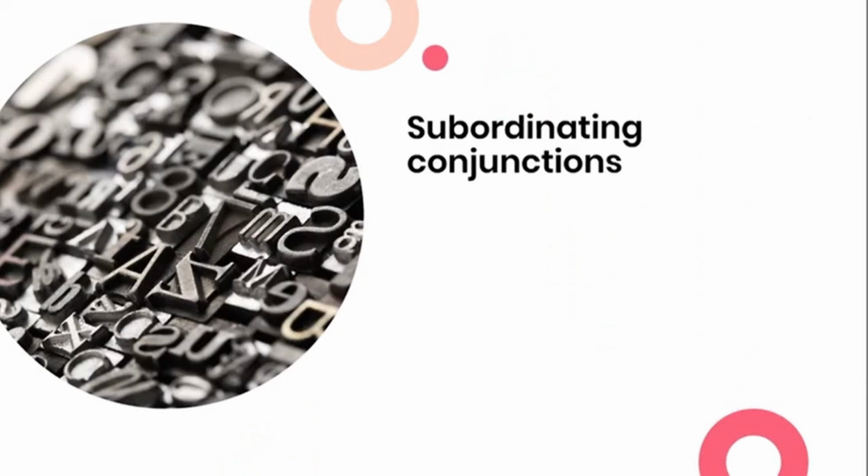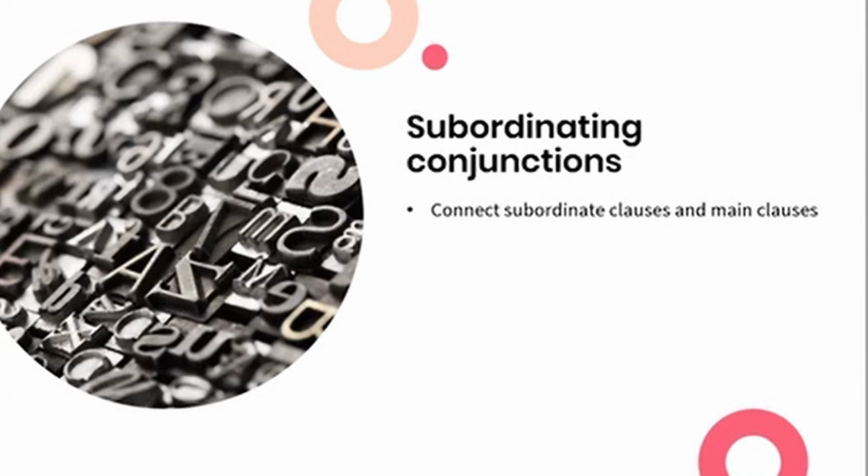Another type of conjunction is subordinating conjunctions. Subordinating conjunctions connect subordinate clauses and main clauses. Now, at this point, we won't be going into too much detail about these, as we will be covering this in Module 4.